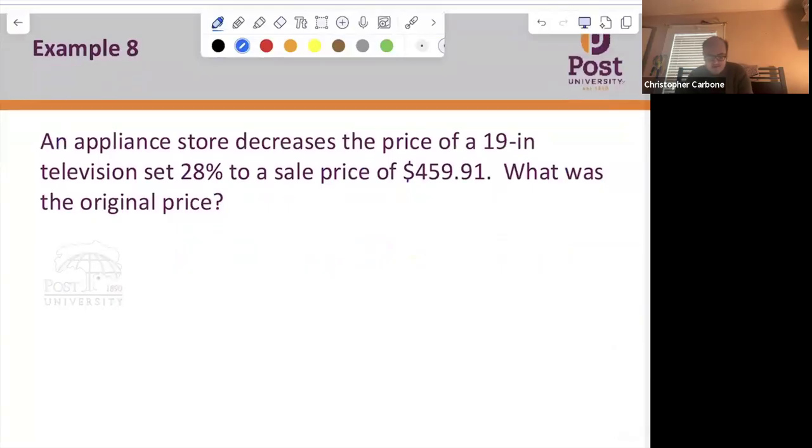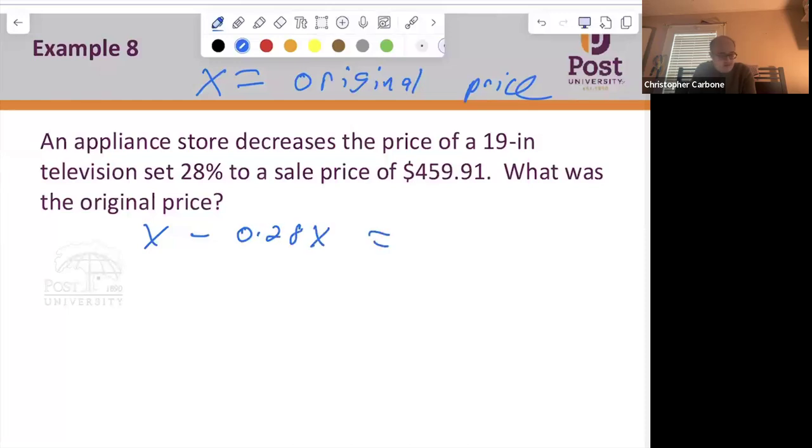This next example, an appliance store decreases the price of a 19-inch television set 28% to a sale price of $459.91. We want to know the original price again. So X, original price. So X minus 0.28X is supposed to be equal to $459.91.